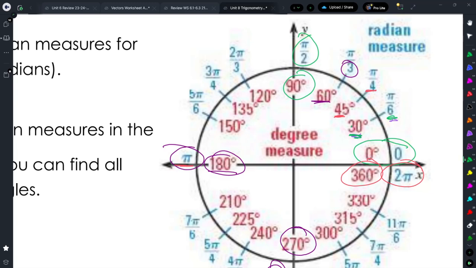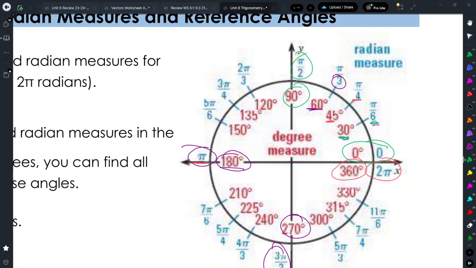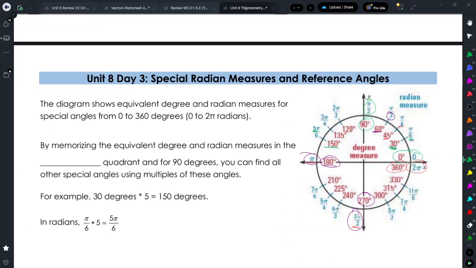And we can get the angles in the second, third, and fourth quadrant by multiples of these. So for example, 5 times pi over 6 is 5 pi over 6, and 30 times 5 is 150. So that's what we have written over here.